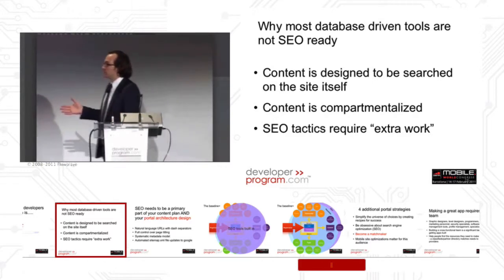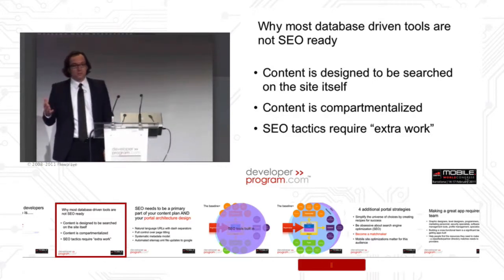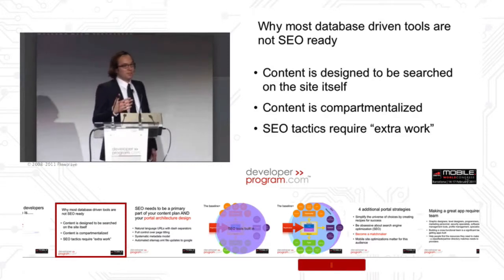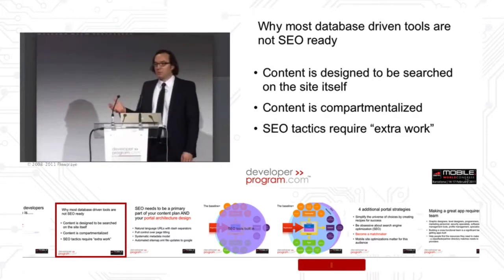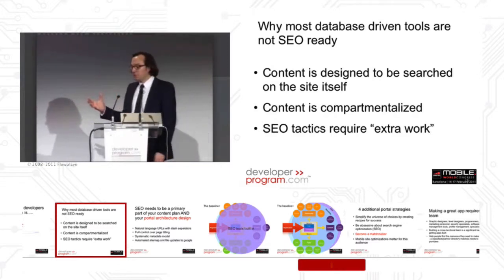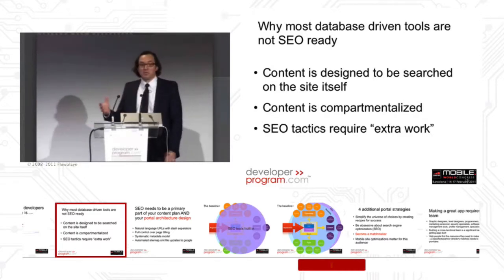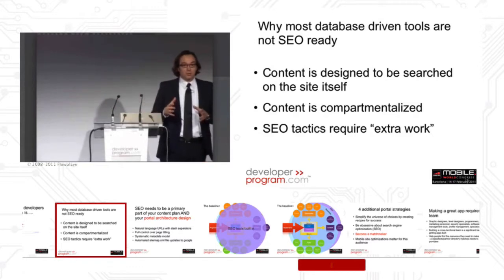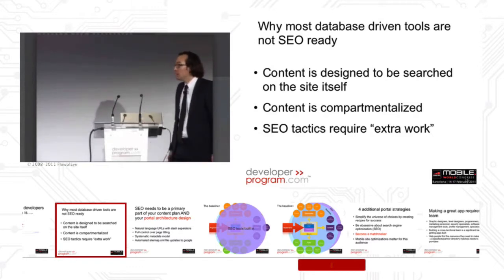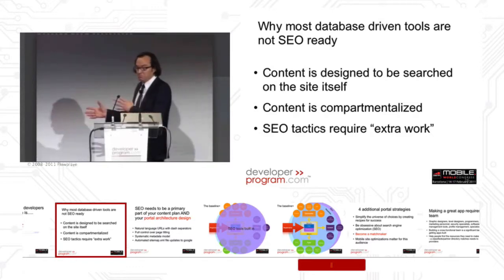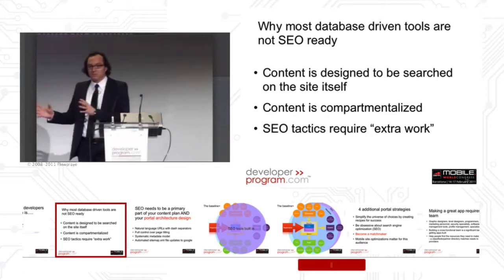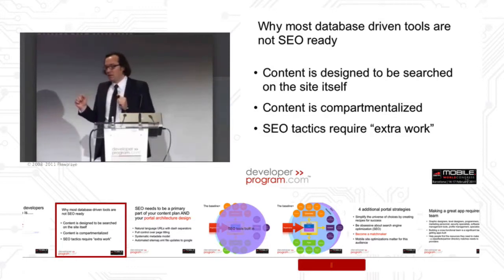So what does that mean? Most database-driven tools, most content systems, most FAQ systems that are older architecture systems are not SEO optimized. The content's really designed to be searched directly on your site or on your portal. It's compartmentalized between forums and a forum system and an FAQ system.